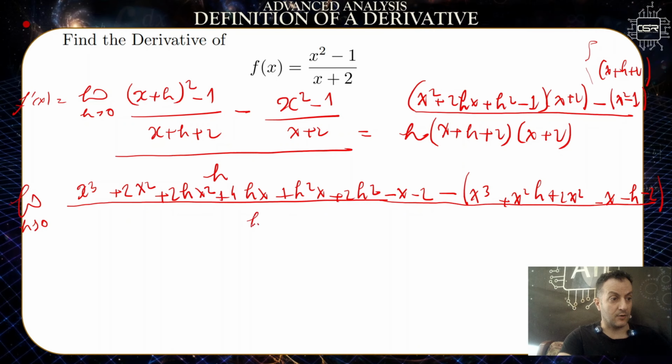I understand it's a long calculation. So in the denominator, so x squared plus 2x plus hx plus 2h plus 2x plus 4.